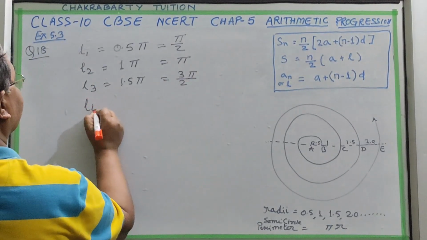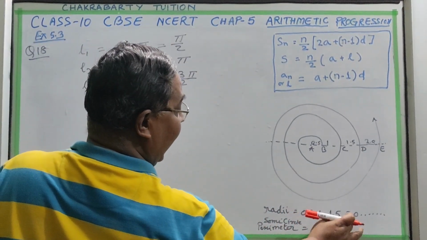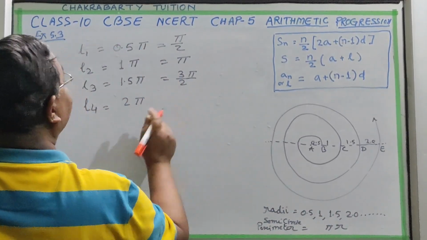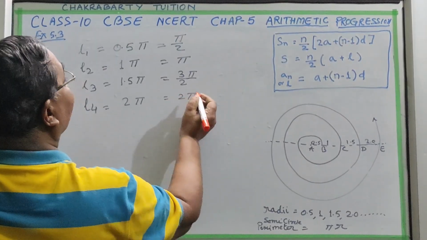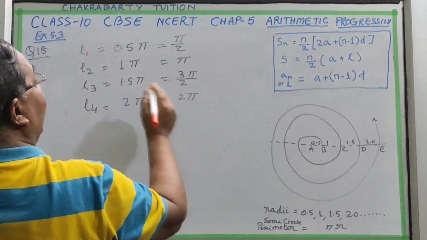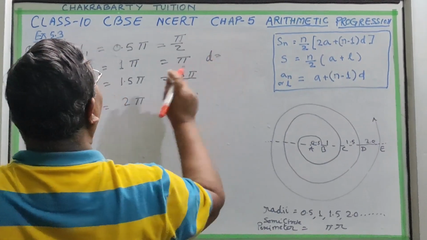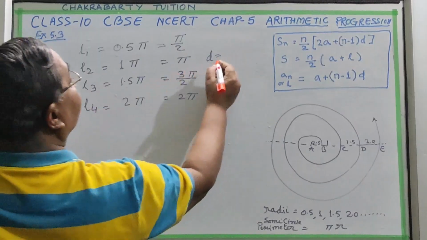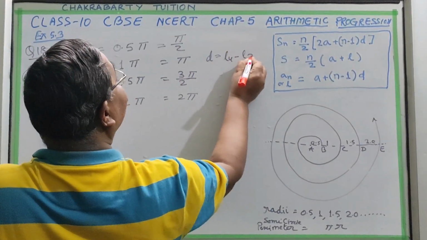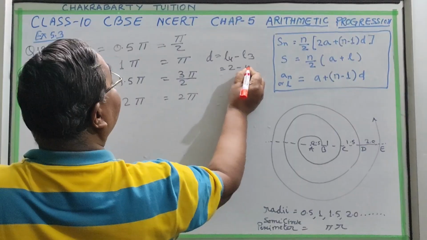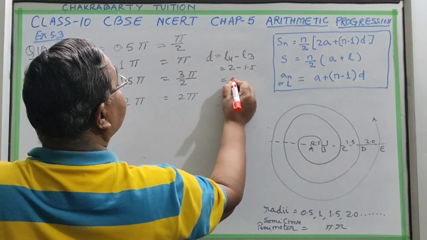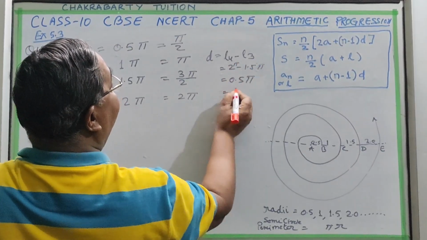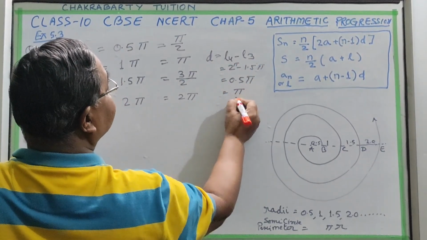Then L4 is pi r, now r is 2.0, so it will be 2 pi. So now we can find the common difference D also. Every time 0.5 is increasing. L4 minus L3 gives 2 minus 1.5, which is 0.5 pi, so half pi, which we can write as pi by 2.